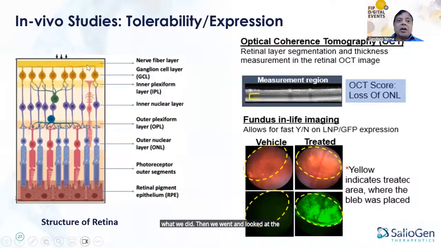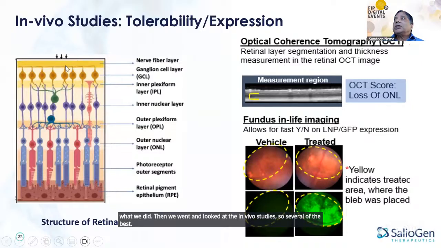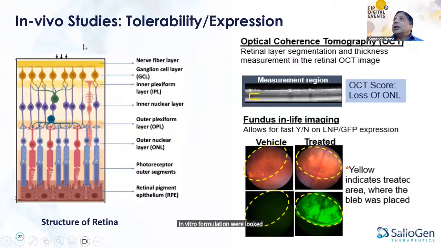So several of the best in vitro formulations were looked at in the in vivo study. But before I describe how we did the in vivo study, let me take a step back and show you the structure of the human retina. As you know, the human retina has different layers. The basal layer is the retinal pigment epithelium.